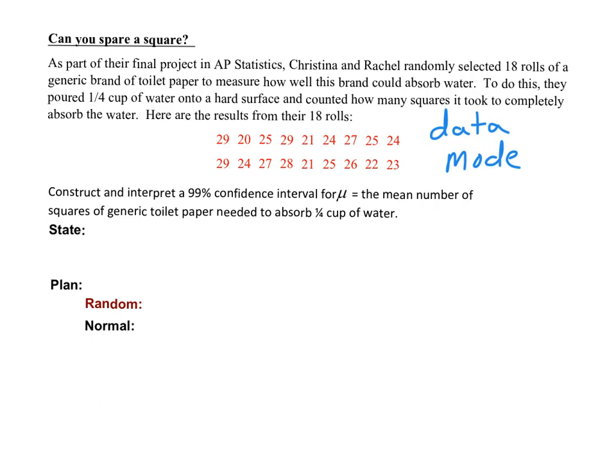State step, remember we need 2 things. Parameter and confidence level. This one's really straightforward because that stuff is basically right above it. That typically won't be the case. The parameter and the confidence level is usually kind of hidden in the context of the problem.